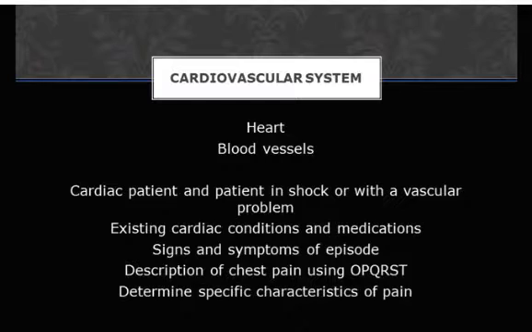When we go through that SAMPLE history, we are looking for medications that would indicate a cardiac problem. So if you've got a patient that has nitroglycerin prescribed to them, you can be almost certain that they have at least some sort of cardiac history. Okay? We want to ask those SAMPLE questions to find out what's going on with this patient.